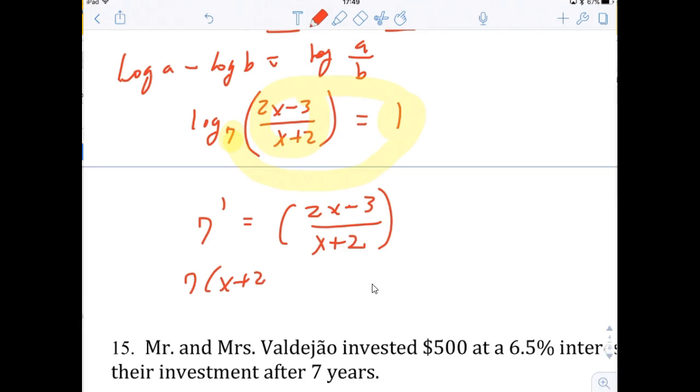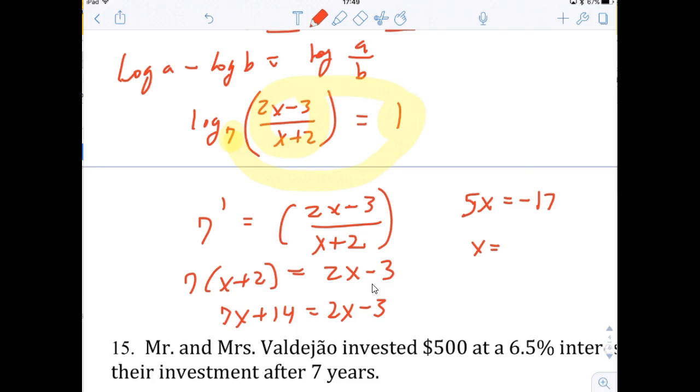This is probably slightly difficult algebra for you because you haven't reviewed it in a while. But basically I'm going to cross multiply. And then I end up with 7x plus 14 equals 2x minus 3. And then I'm going to subtract 2x from both sides, and then I get 5x. And then I subtract 14 from both sides, I get negative 17 on the right. And then I can divide both sides by 5, and I get x equals negative 17 fifths.